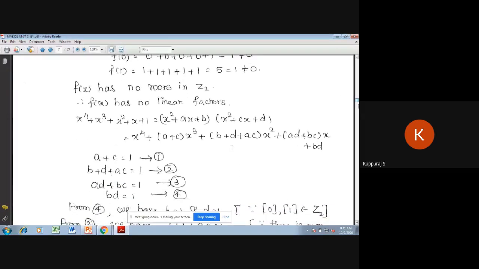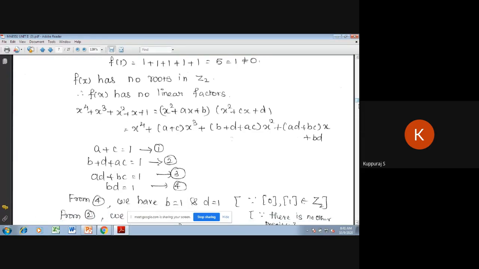Now comparing the coefficients of x power 4, x cube, x square, x and the constant term, we get a plus c is equal to 1, b plus d plus ac is equal to 1, ad plus bc is equal to 1, and bd is equal to 1.